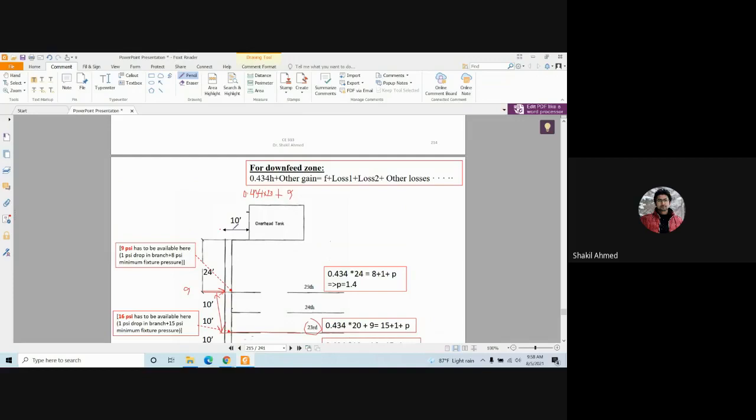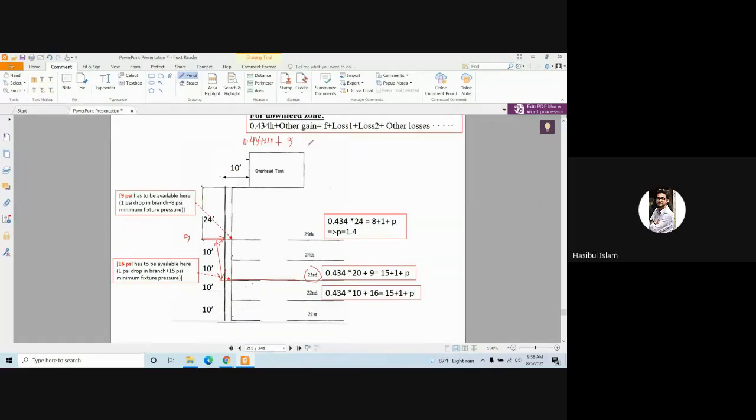Is it okay? Yes, sir. Equals to, remember we are using flush valve here. So what is your minimum fixture pressure? 15. Again, plus, let's take +1 for the pressure drop in the branch.